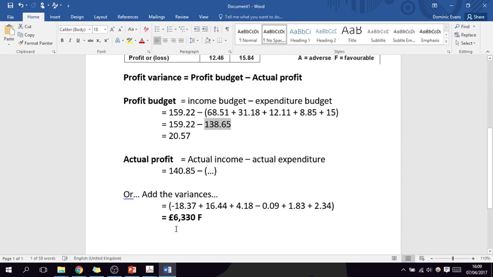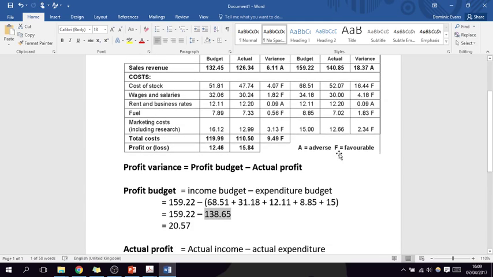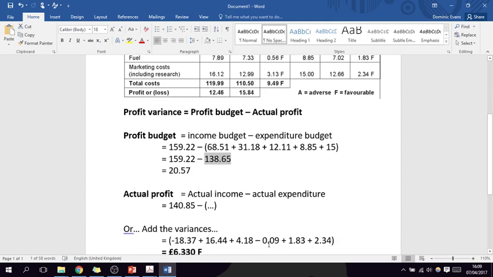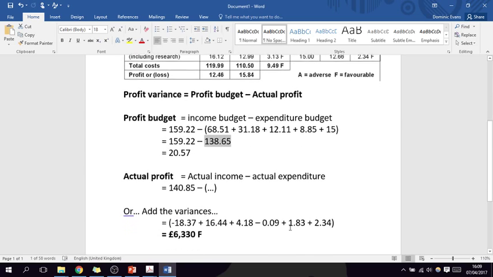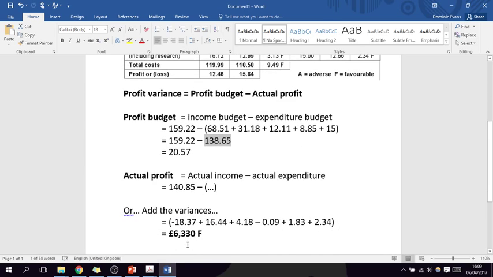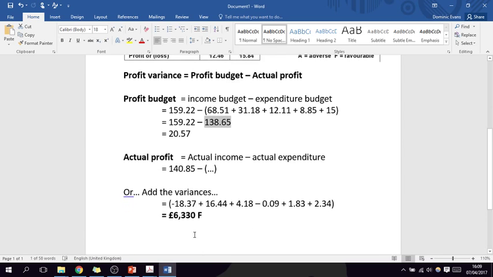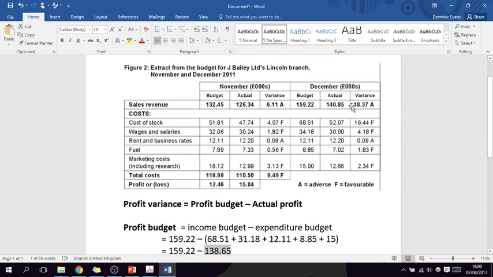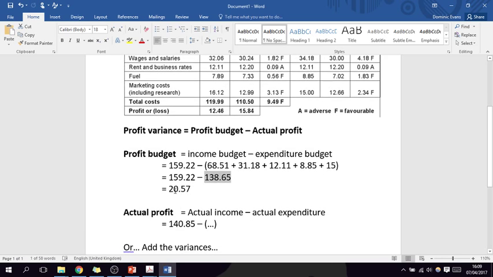So we would start with minus 18.37, then add the favourable variances, get a slight adverse variance, another couple of favourable variances, and when you put all that in, you get 6.33, but we've got to remember that this is in thousands. So the 20.57 there would actually be 20,570.